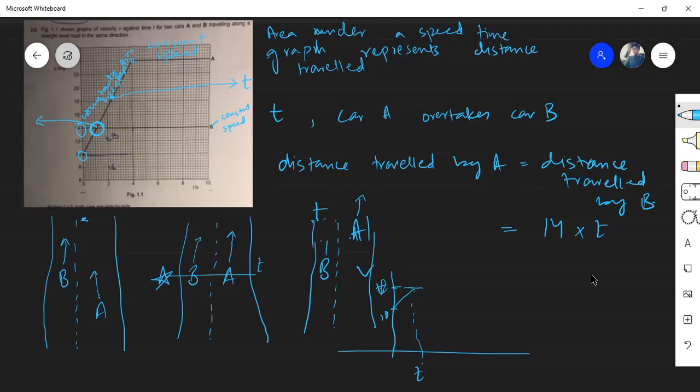So 8 divided by 14, 4.9. 1.2, the time at which they have the same velocity.